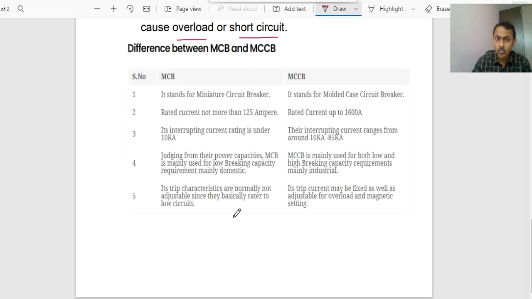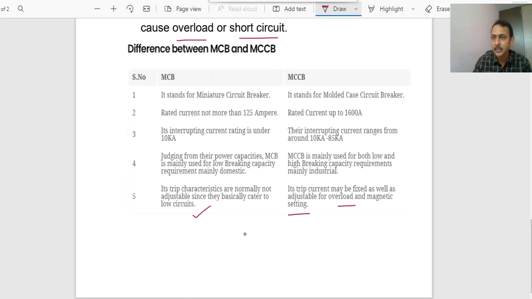Now for MCB, its trip characteristics are normally not adjustable, since they are used to serve low power rating circuits, whereas for MCCB, its trip current may be fixed as well as adjustable for overload and magnetic settings.